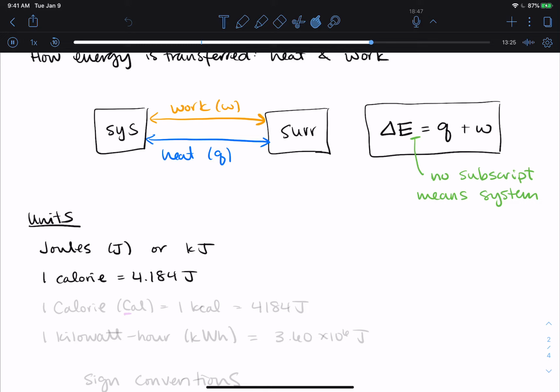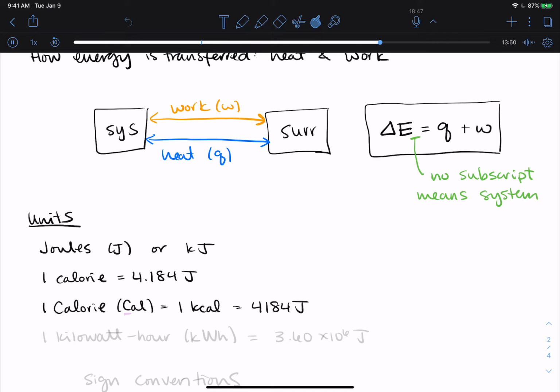Now you may also see a calorie with a capital C, just to make things extra confusing. That's right, capital C Calorie, which is 1 kilocalorie, so 1 k, lowercase c, a-l. So this would be equal to 4,184 joules.